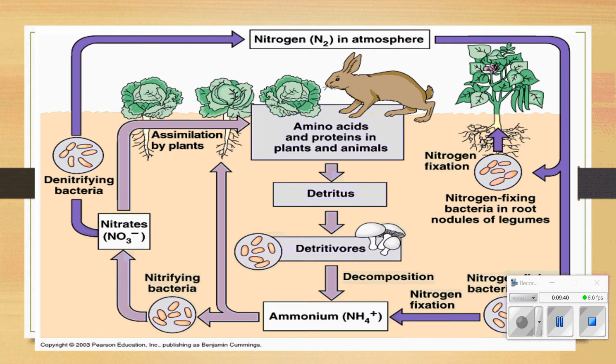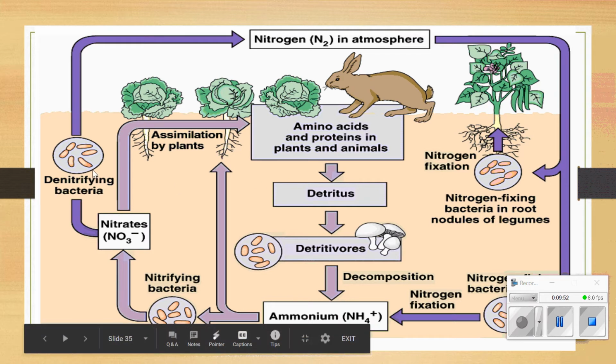If not, it has to go through nitrogen-fixing bacteria that will turn it into ammonium or nitrates that the plants can take up. There's also denitrifying bacteria that will turn that back into N2 gas. We don't want this happening.